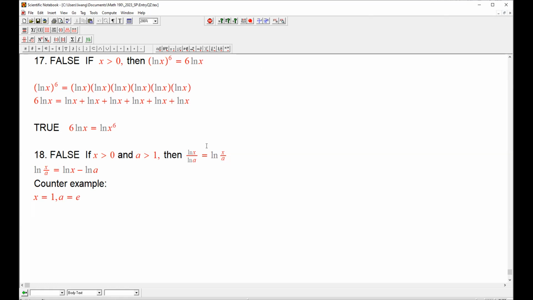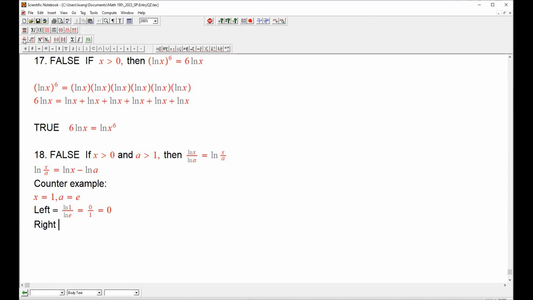If I do that, what will happen on the left-hand side? The left-hand side equals ln 1 over ln e. We know ln 1 equals 0. ln e equals 1. 0 divided by 1, that's 0.